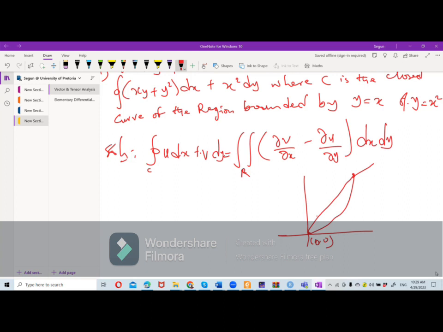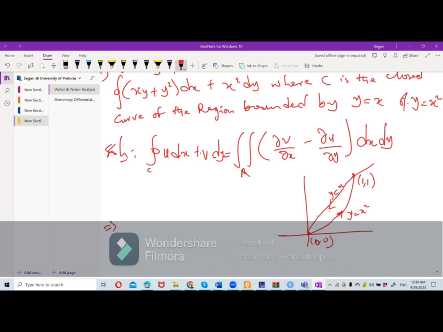Before the extension, we have y equals x, but when there is extension here, you have y equals x squared. So we can trace this one to 0, 0, and this one can be 1, 1. Now that we have this, we can go ahead and solve the problem.